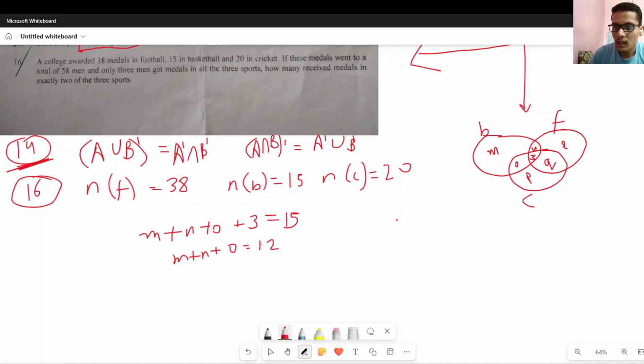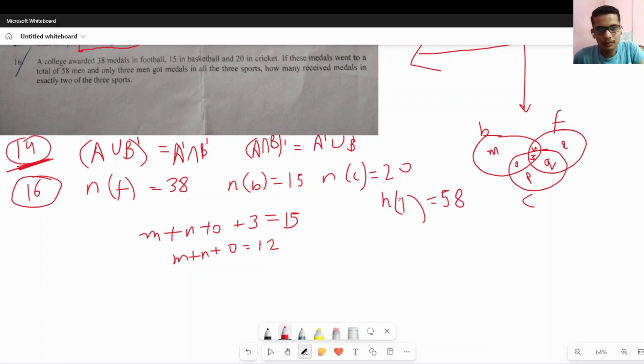Okay, now see here, total number of persons who got medals is 58.